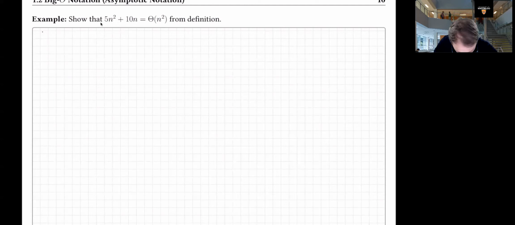So first, let's show that 5n squared plus 10n is in big O of n squared.